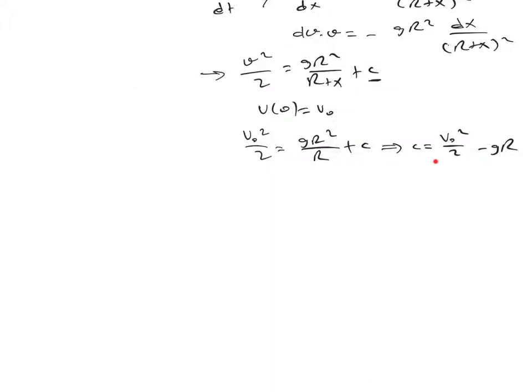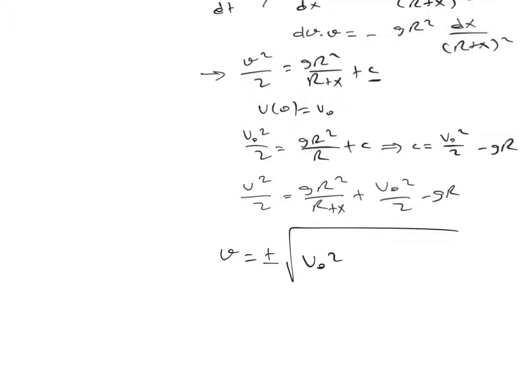Let's use the value of c in this equation again. So v squared over 2 is equal to g r squared over (r plus x) plus v0 squared over 2 minus gr. And from here, v is equal to plus or minus the square root of v0 squared minus 2gr plus 2gr squared over (r plus x).